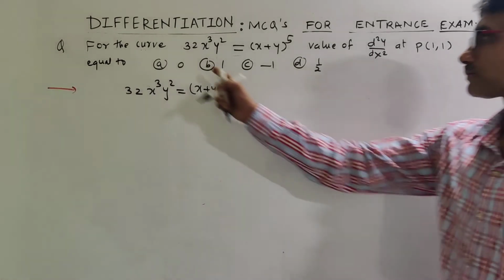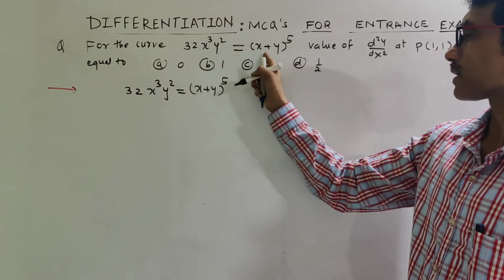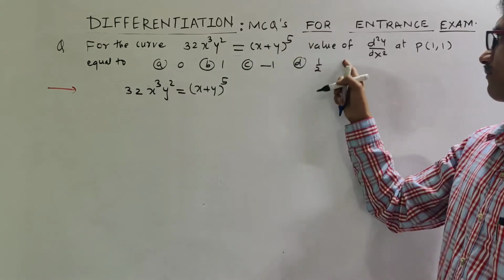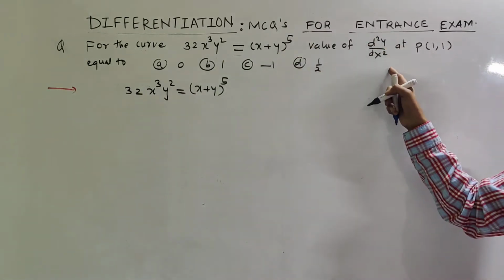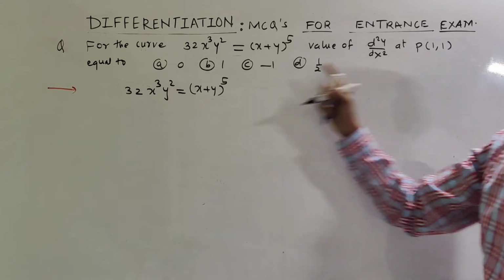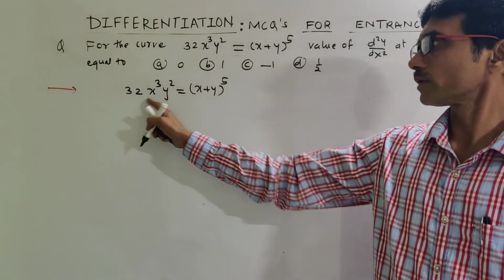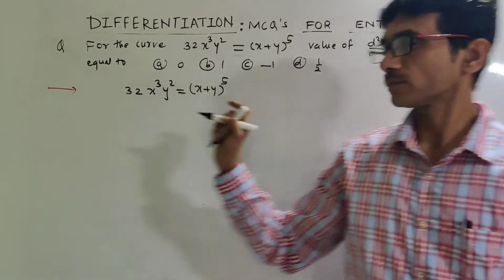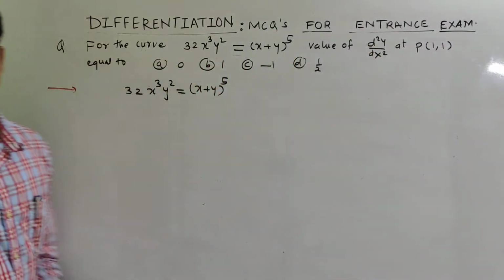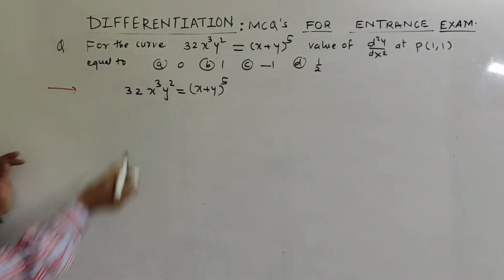For the curve 32x cube y square into x plus y to the power 5, value of d square y by dx square at this point is equal to. So here the equation of curve is 32x cube y square into x plus y to the power 5. How we differentiate it? So we take log of both sides.